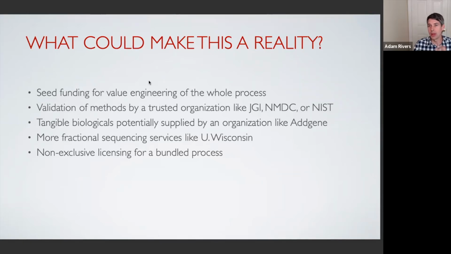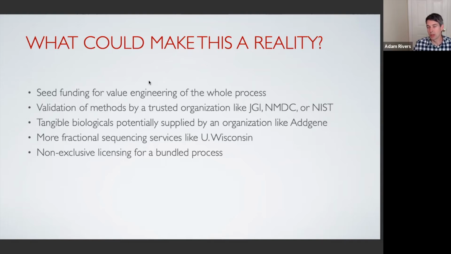If you develop a tangible biological or chemical component, it's potentially possible to have it released by an organization like AdGene, that's a nonprofit organization. There are some great services right now for doing fractional sequencing, like Wisconsin offers 1 million reads for $6.65 plus a library prep charge.